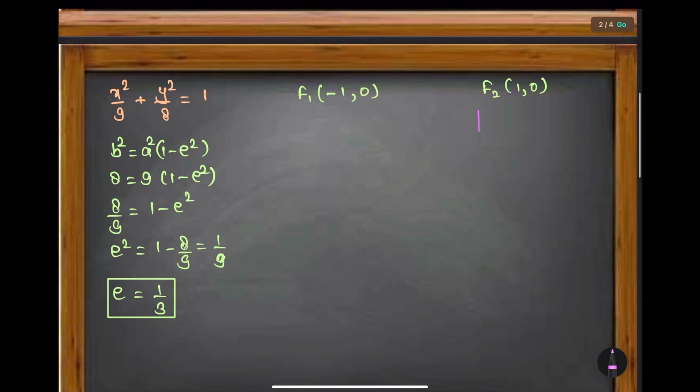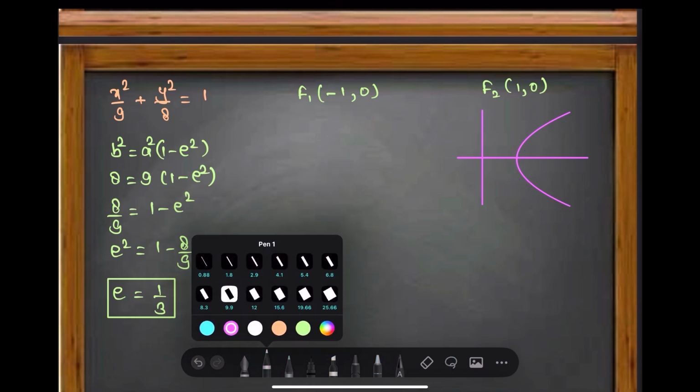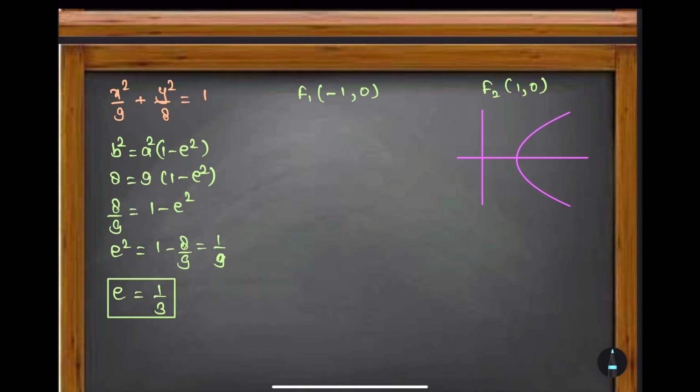So you know that the parabola will have some directrix, and its focus is at F2, which is (1, 0). Okay, so this is the focus, and this is the vertex (0, 0).